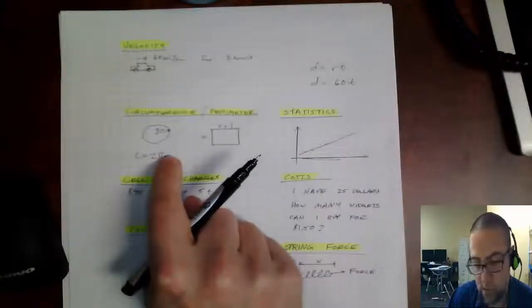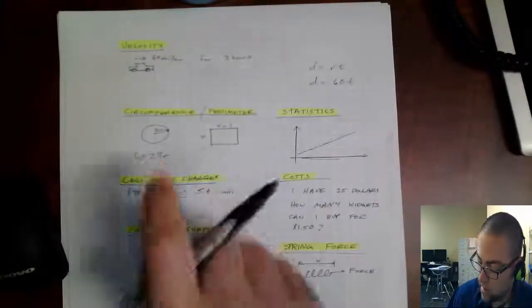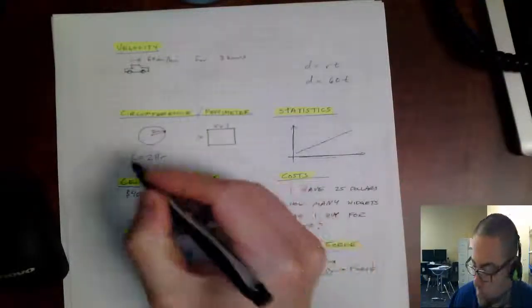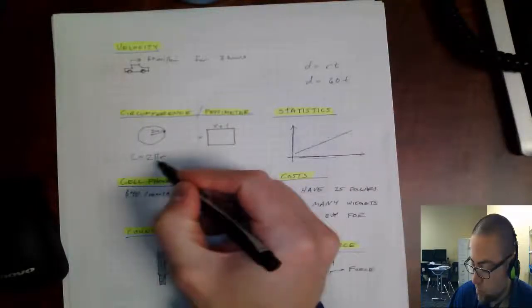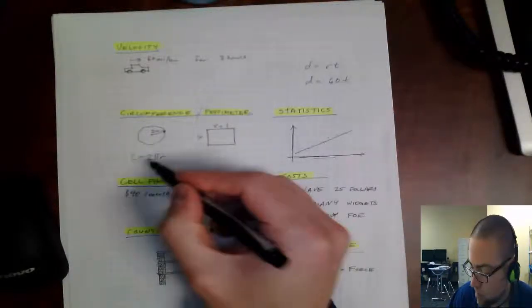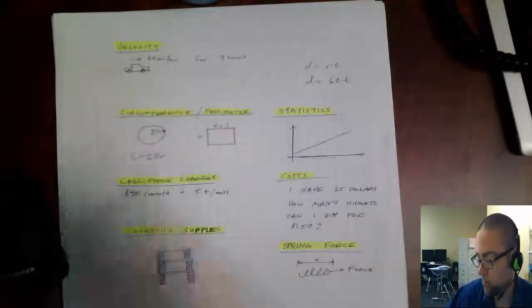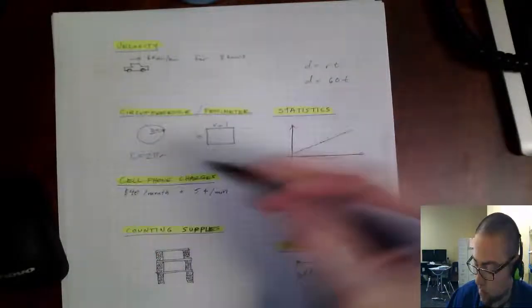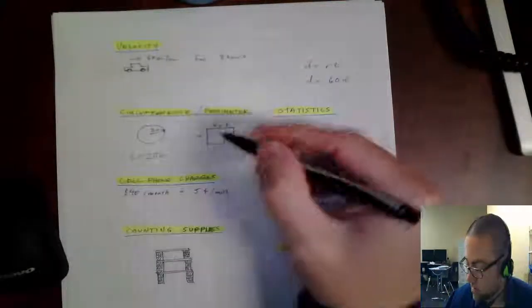If I want a 2-inch radius, I put in 2 for r, and you would see that this all changes by multiplying by 2 pi each time. So the rate of change of this function would be linear, and it would be constant at 2 pi. Every time this would grow by the same amount, 2 pi. So for 1 inch it would be 2 pi, for 2 inches it would be 4 pi, for 3 inches it would be 6 pi, and so on.